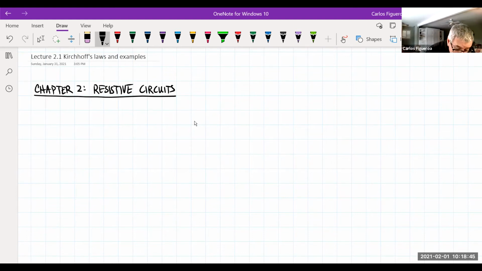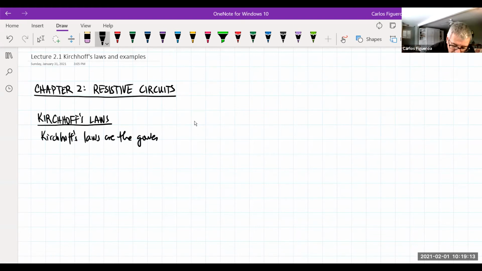So here we go. What we're going to be talking about is the basis of all low voltage circuits, Kirchhoff's laws. Without any doubt, Kirchhoff's laws are the governing laws of electric circuits. Without any doubt whatsoever.